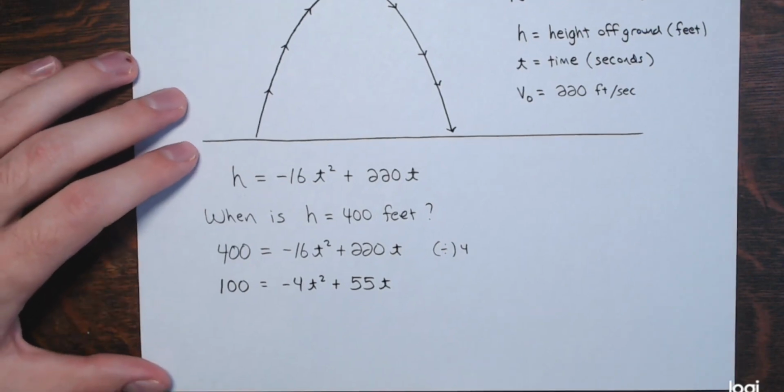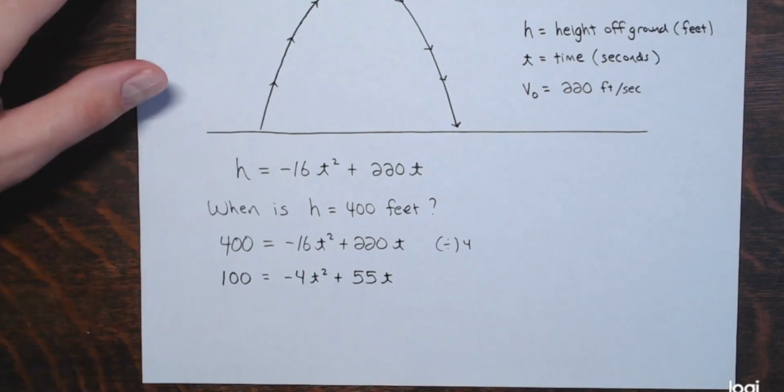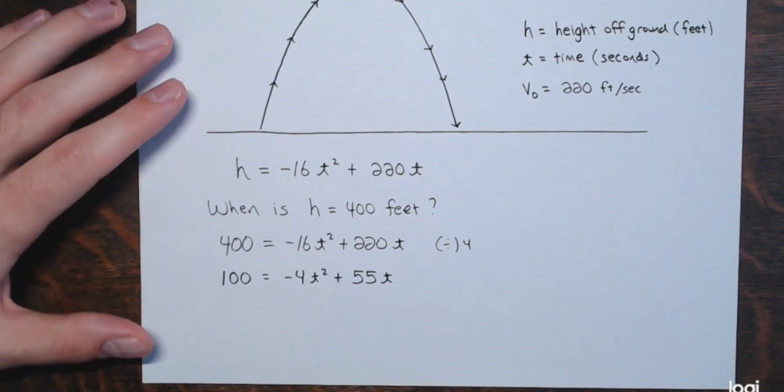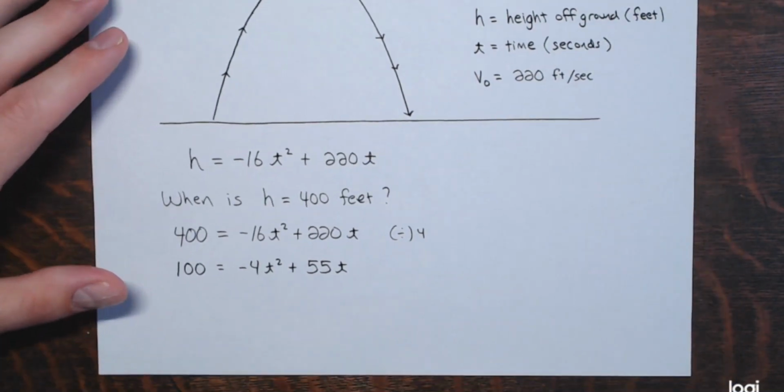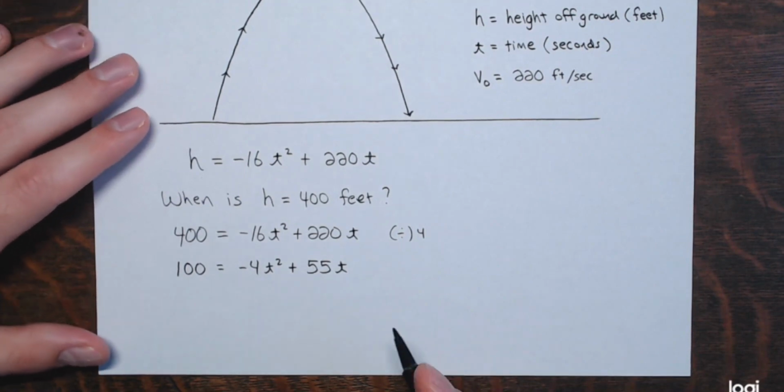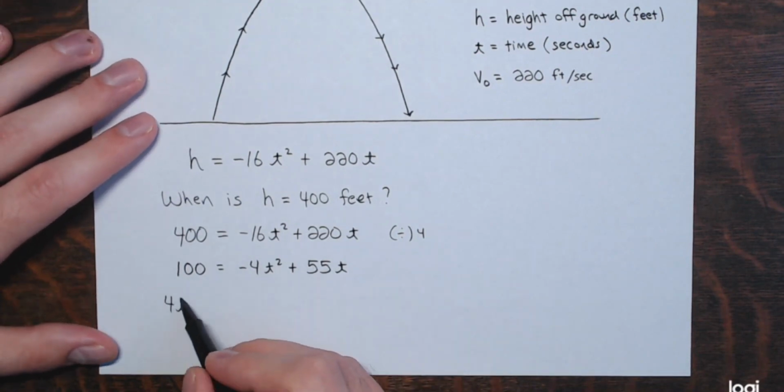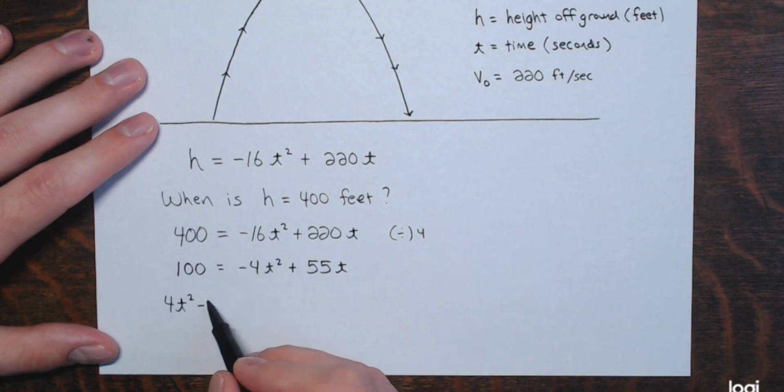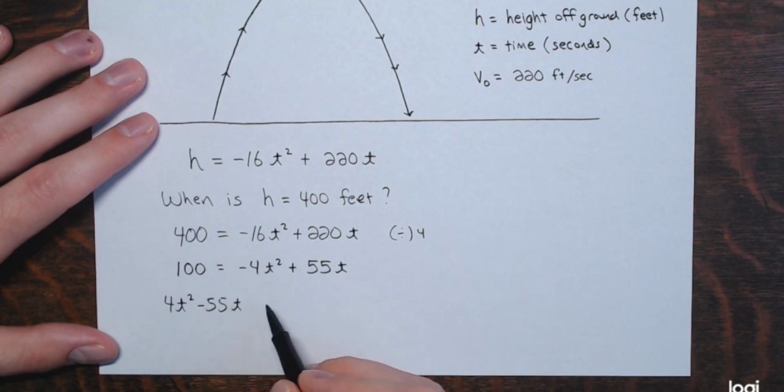And then I'll put everything to one side and we'll use the quadratic formula, and I'll pull a calculator up for this one, since we're asked to round to the nearest tenth anyway. So that'd be 4t squared minus 55t plus 100 equals 0.